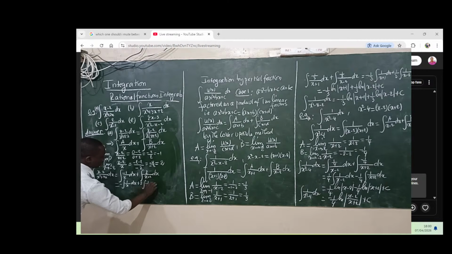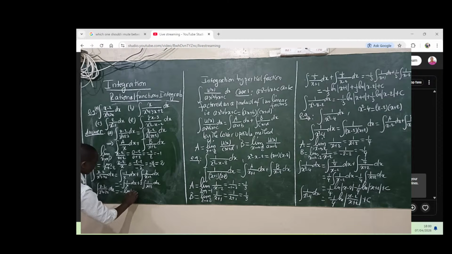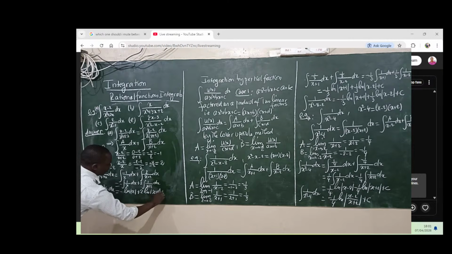This is going to be, what is this? It's minus ln of x plus 2 times ln of x plus 2. Here we add C. This is the answer to the question A.